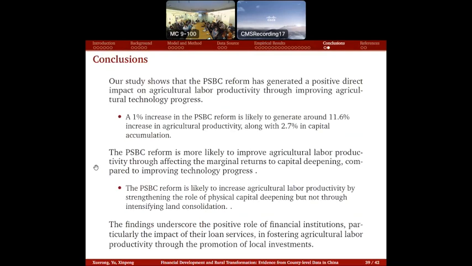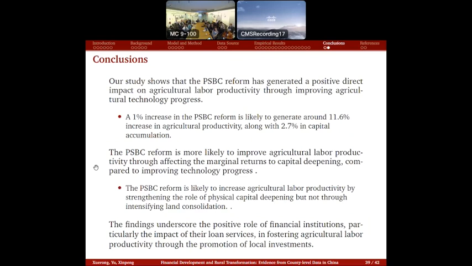So that's the conclusion I will briefly go through. Our study shows that the PSBC reform has generated a positive direct impact on ALP through improving the technology progress. 1% will generate around this amount in productivity along with this amount in capital accumulation.